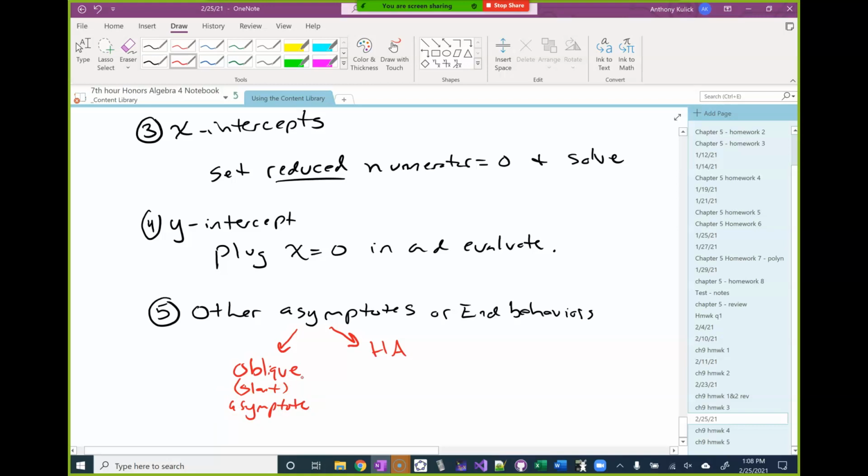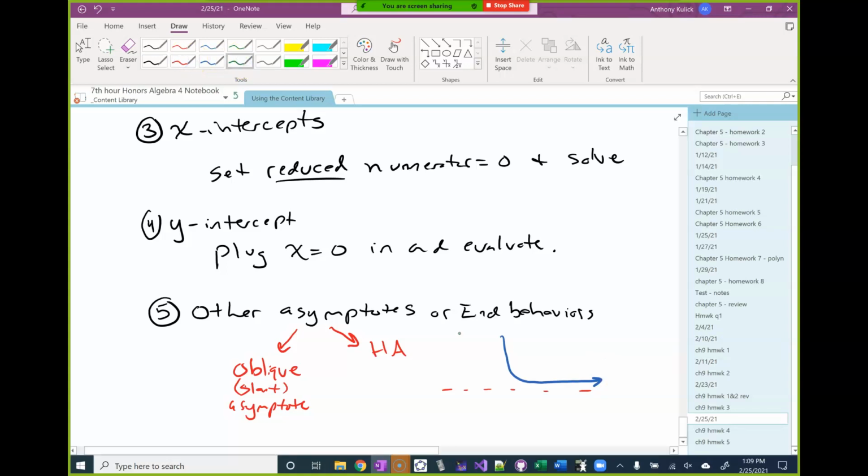Now, an end behavior is a more general term for an asymptote. So end behaviors contain all your asymptotes, but they also contain other things. So remember how asymptotes cannot be crossed? This would be an end behavior.